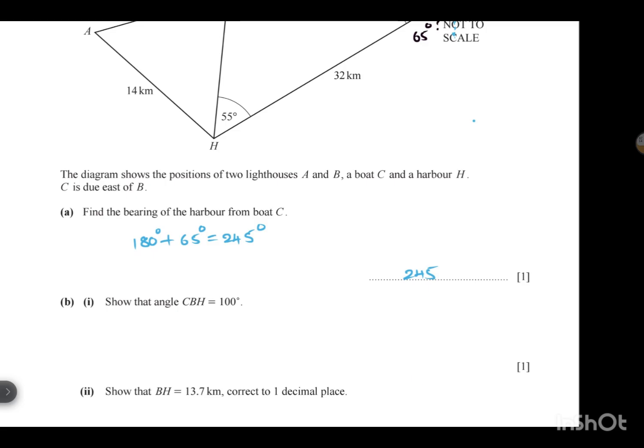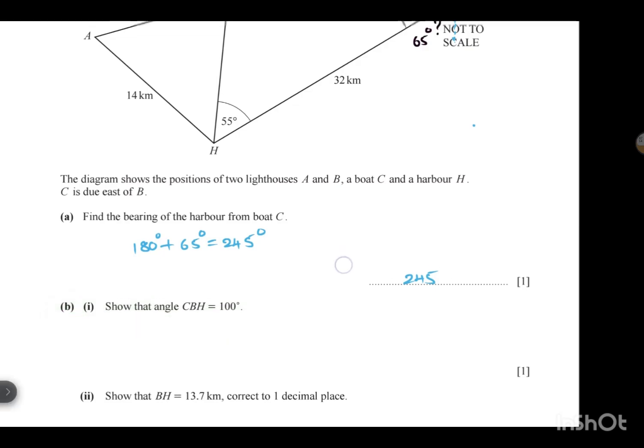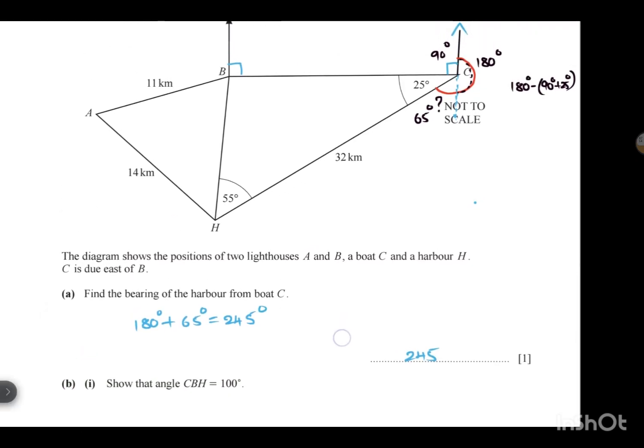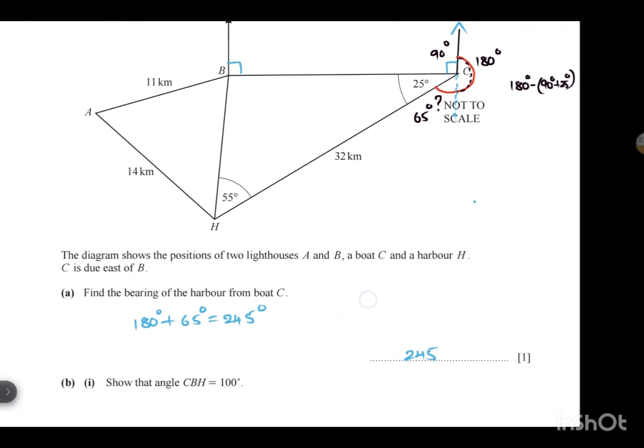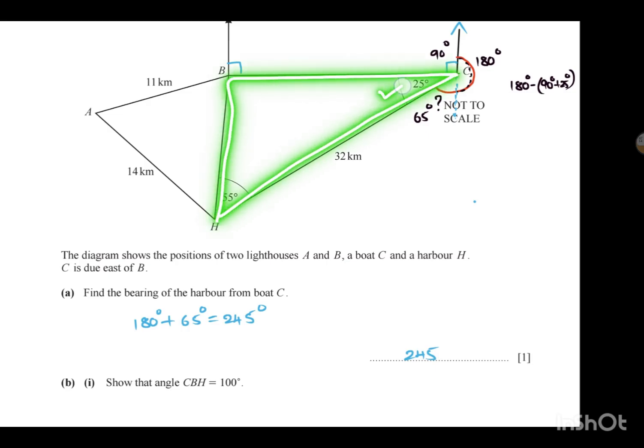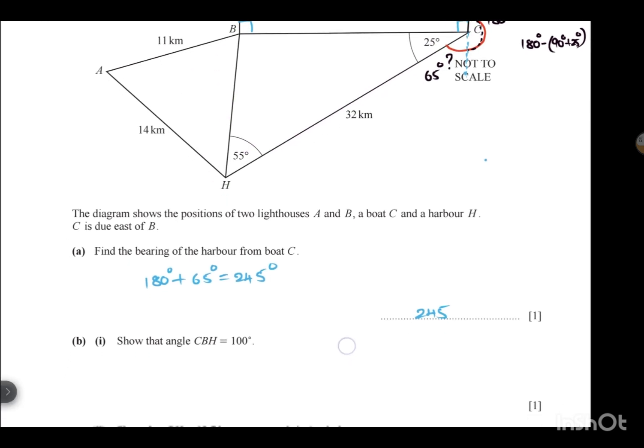B has two questions here. Show that angle CBH is equal to 100 degrees. Where is CBH? This angle. We need to show that it is 100 degrees. Now when you take this triangle HBC, you know two angles, so finding the third angle is simple.